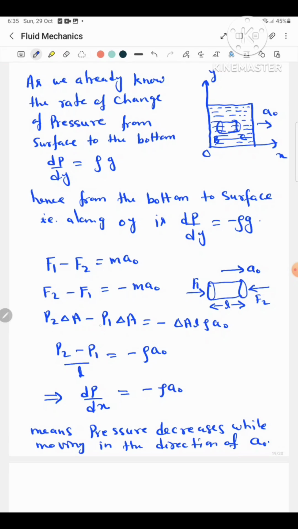So P2 delta A minus P1 delta A will be delta A L rho A naught. So (P2 minus P1) upon L will be minus rho A naught.